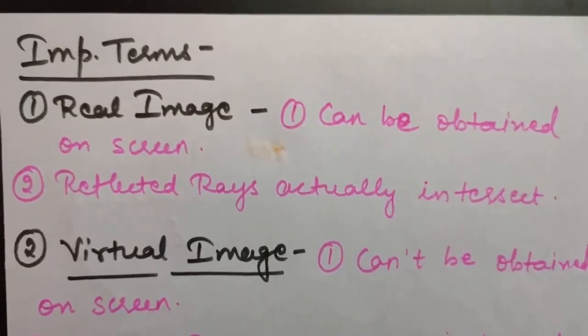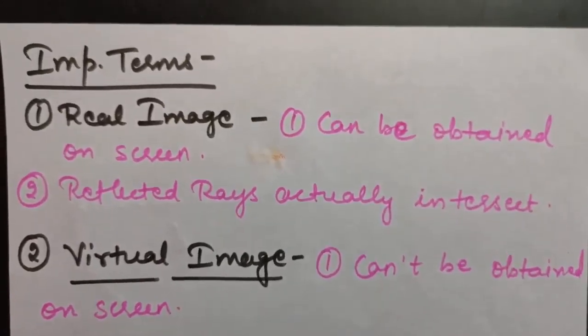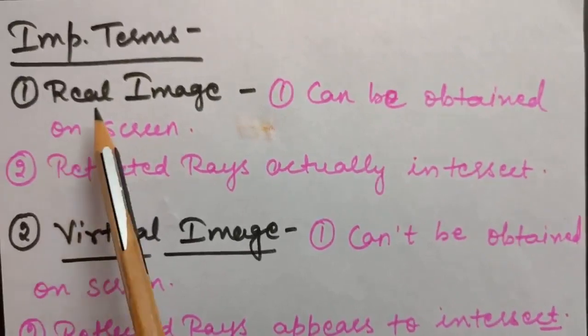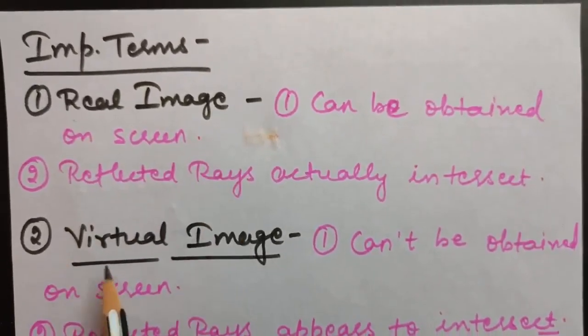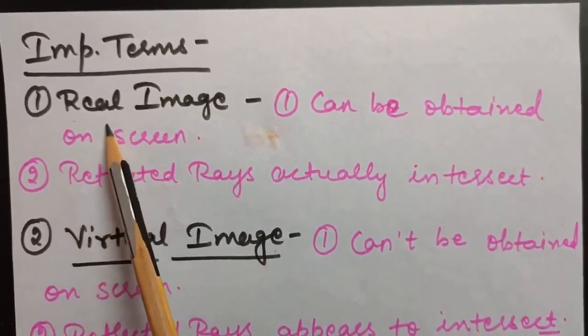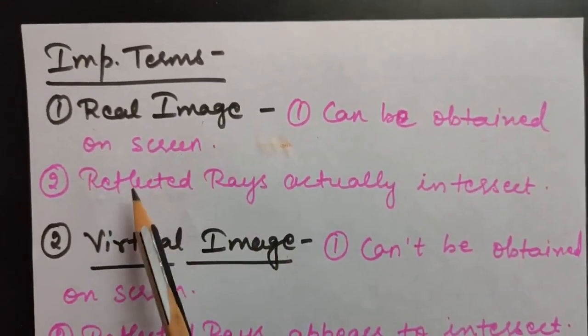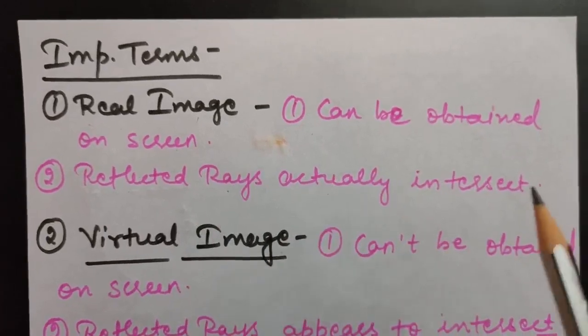Now let us talk about some important terms related to mirrors and the images formed. We have two types of images, real image and virtual image. A real image is one which can be obtained on a screen, or in which the reflected rays actually intersect.